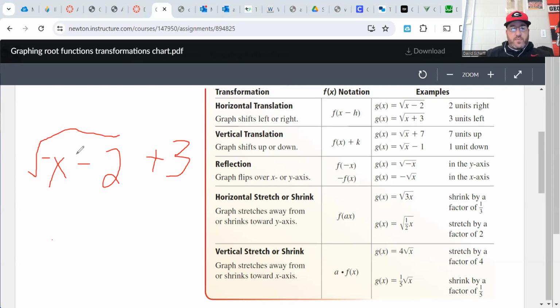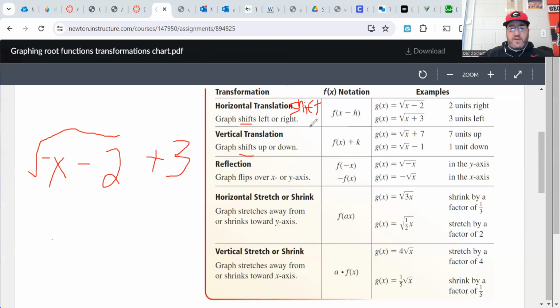So anything other than x is going to be one of these transformations, right? If you look at the first two, the horizontal translation, the vertical translation, which again, I shorthand as shift. So make sure I get this F in here and it looks like an F. Shift, okay? And it even says it here, graph shifts left to right, graph shifts up and down, okay?